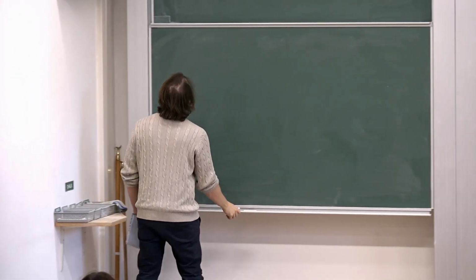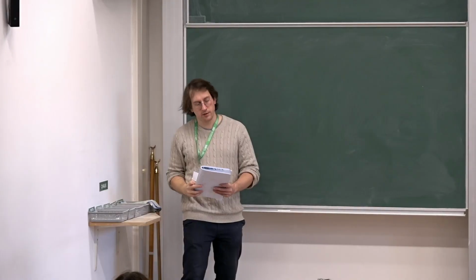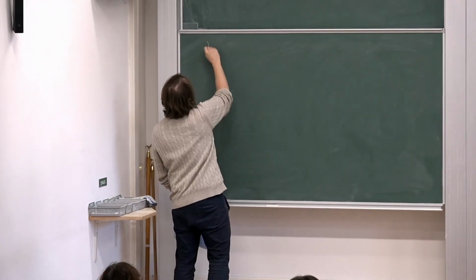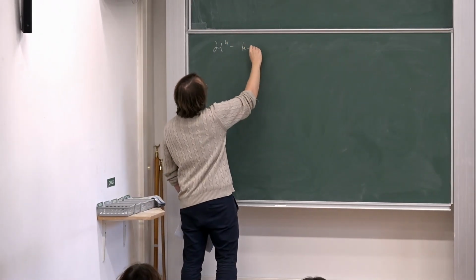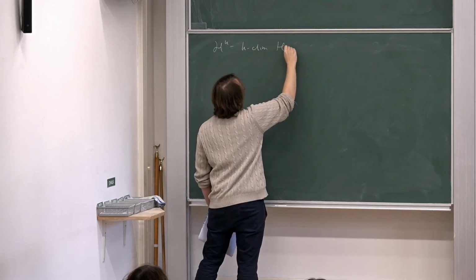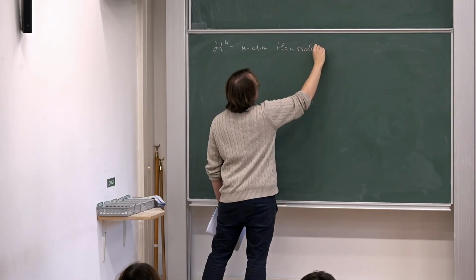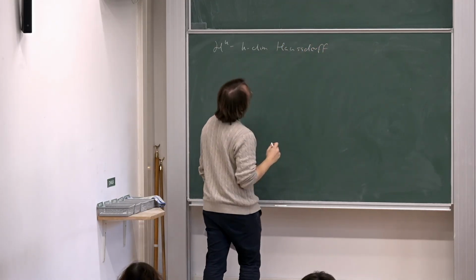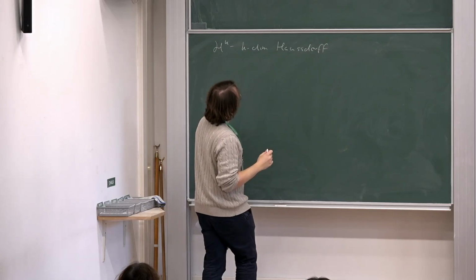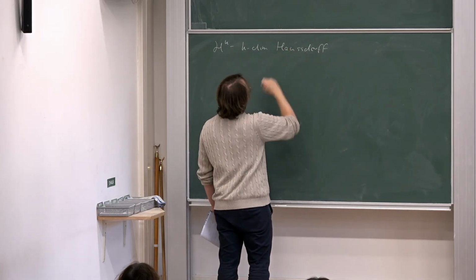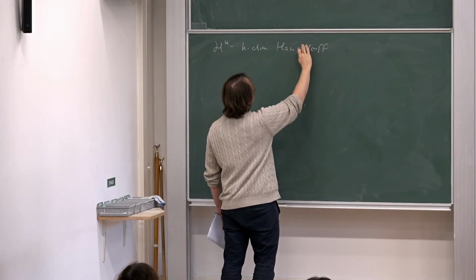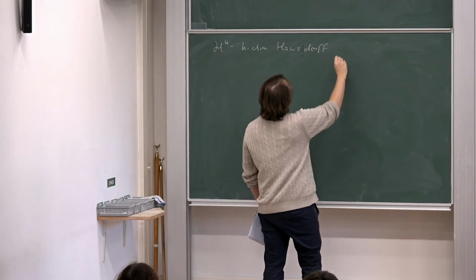K will be some number typically less than n. So on M, we can define k-dimensional Hausdorff measure.